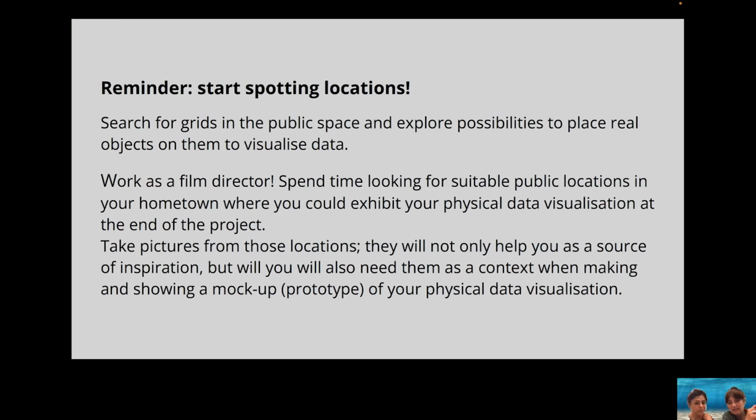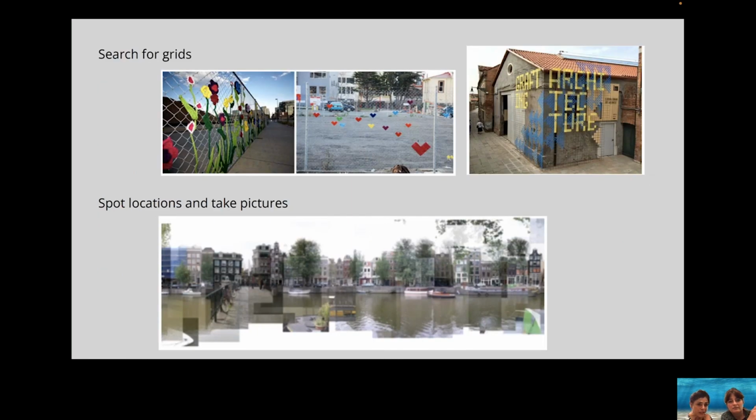Make pictures, please, a lot of pictures, so we can all look at your surroundings. We were all very curious to get a little peek of your environment, and also search for patterns.